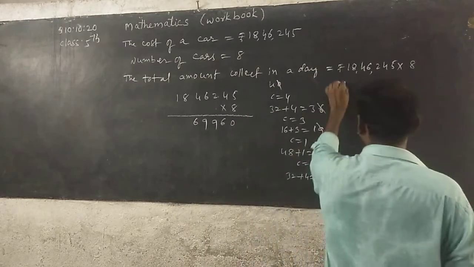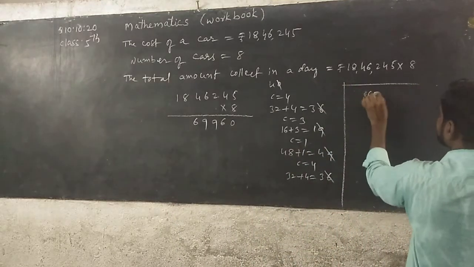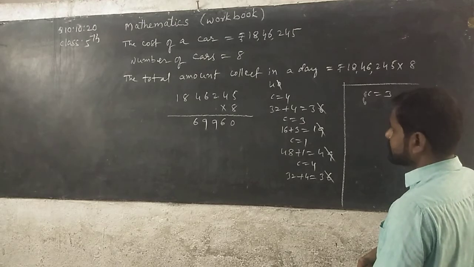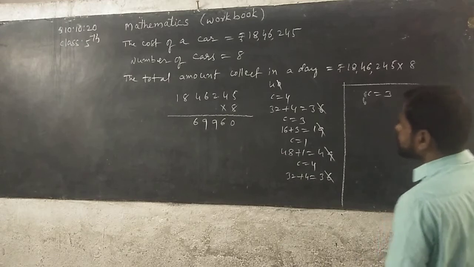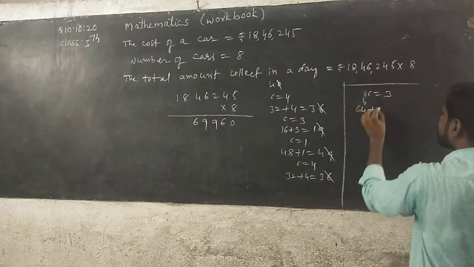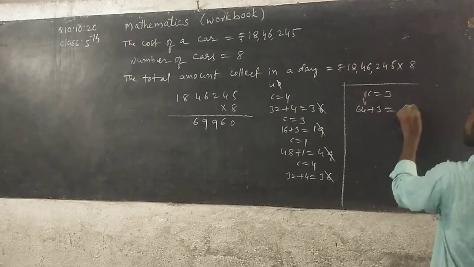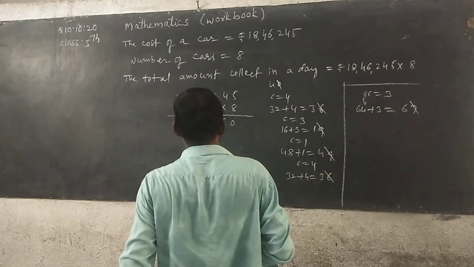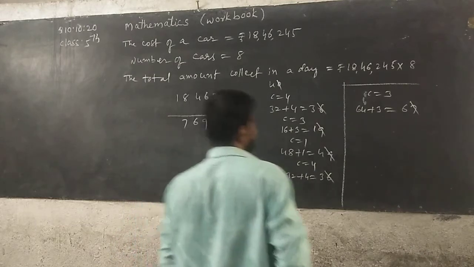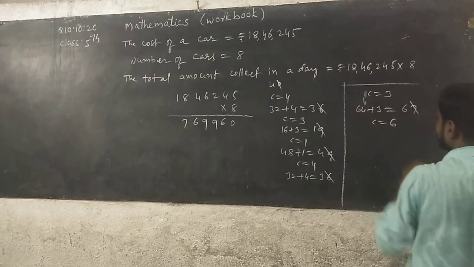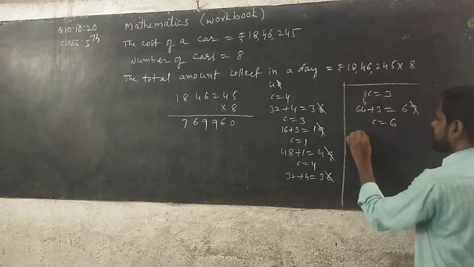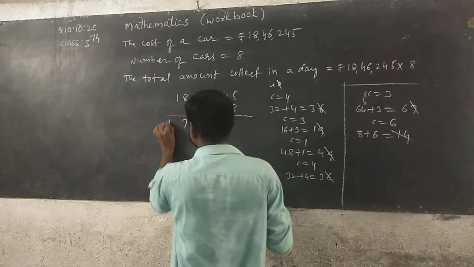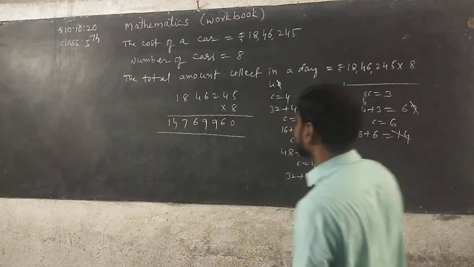Now next, carrying 3. 8 8s are 64. 64 plus 3 you can get 67. 7 taking, write down under lakhs place of the products. Carrying 6. Now 8 1s are 8. 8 plus 6, 14. Write down total. That's it.